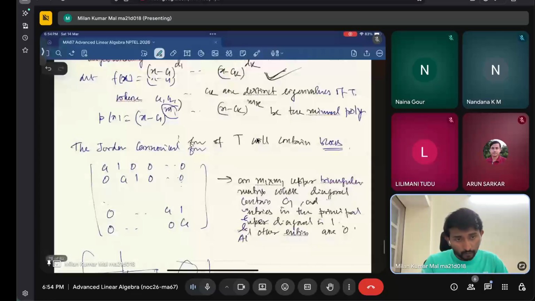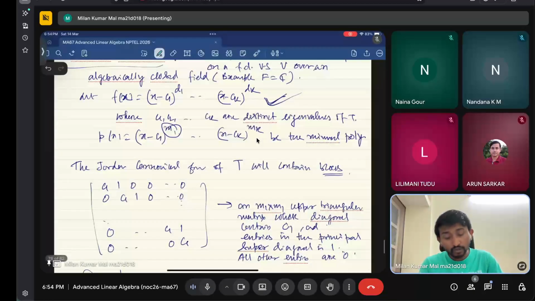there will be at least one block which looks like this, corresponding to c1. I'm talking only about c1.